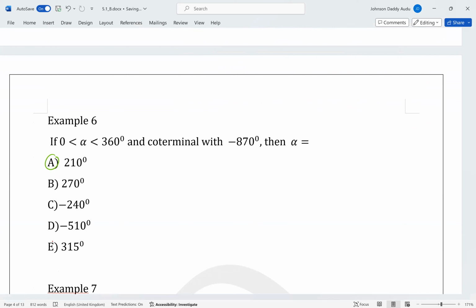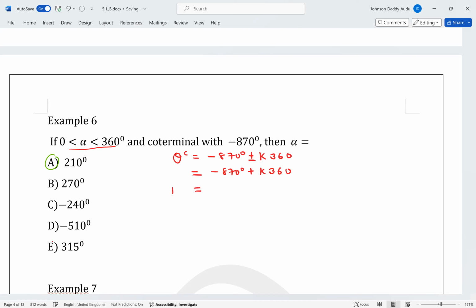We take minus 870, then plus or minus k of 360. Now, since we want the angle to be positive, we have to use the positive 360. So it means we have to try until we get the positive number, which is between 0 and 360.